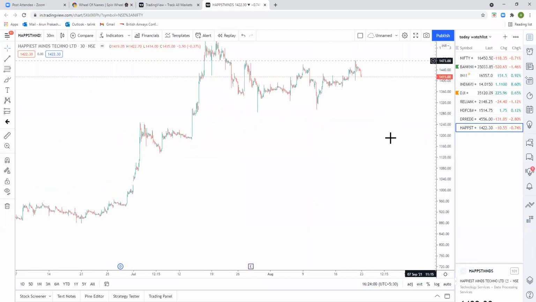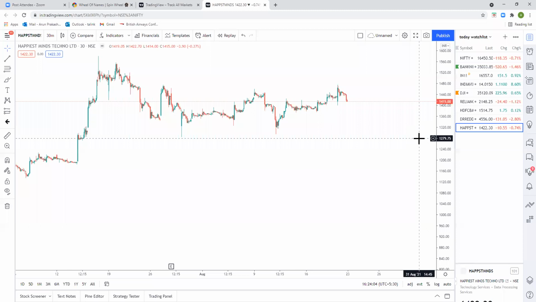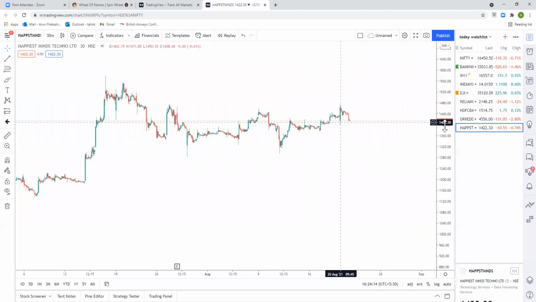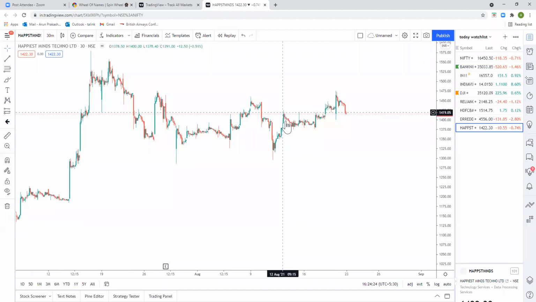There is this triangle pattern forming here. You can check this date, 12th August at 12:15. There is the wick on the top.